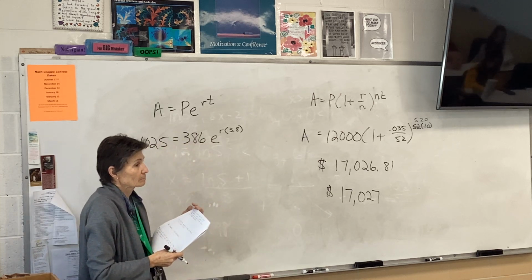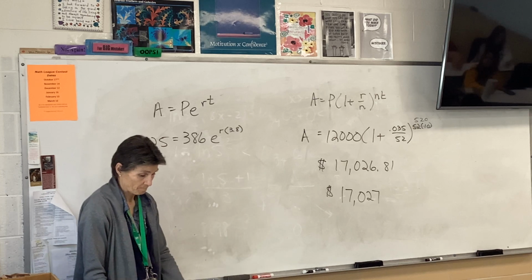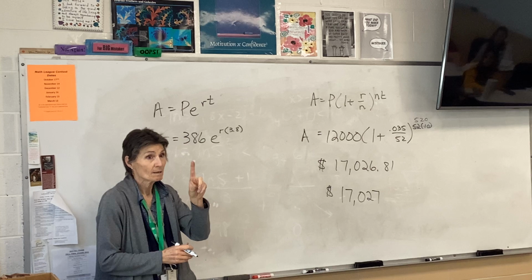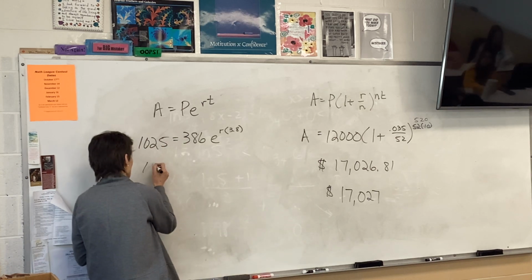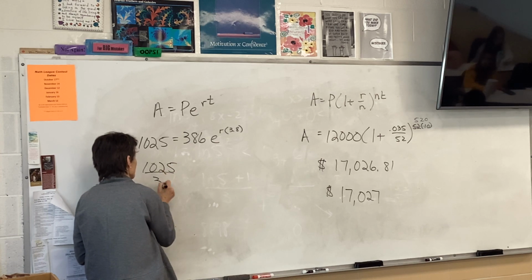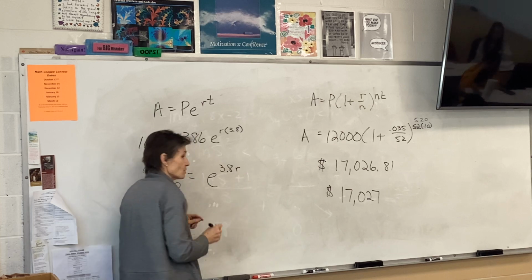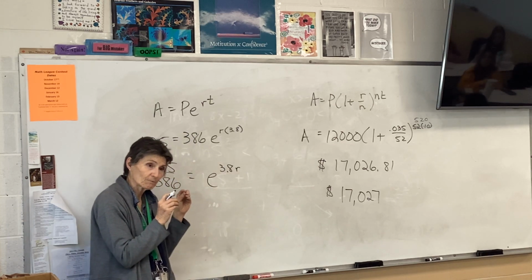All right, how do we solve it? No, oh no, no, no. Eventually, but not first. What has to happen first? First, we gotta divide by the 386. Alright, so everybody, make a note of that, if you tend to forget that.